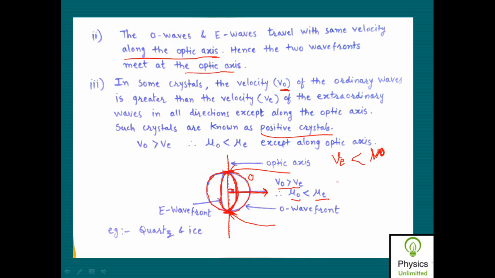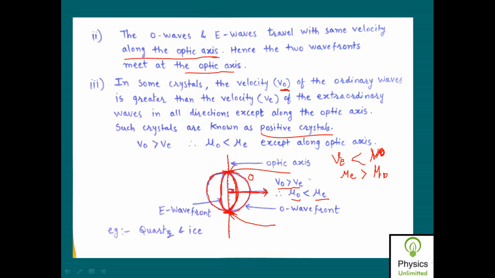Yes, sir. So if velocity is less, the refractive index for the extraordinary ray is more as compared to the refractive index for the ordinary ray. So here mu E is greater than mu O, isn't it?